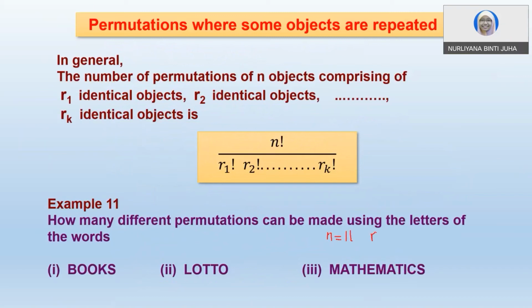So your r1 equal to 2. This is for m. Ini untuk m. Okay. And then you have R2 equal to 2 juga. Apa lagi yang berulang? This is for A. And then this is 2 ya. You have R3.